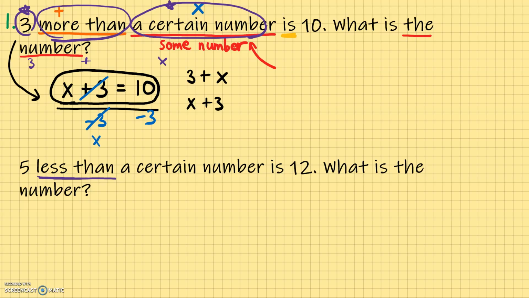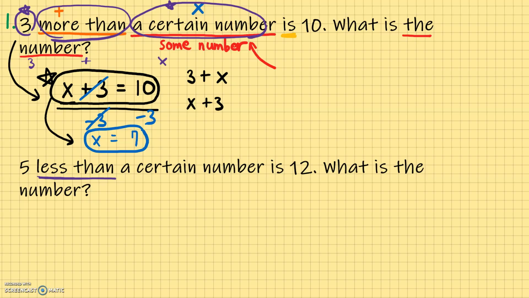So x is going to equal 10 minus 3, which is 7. So this would be our answer for this word problem. x equals 7. Once you can write the algebraic equation like this, it's not that hard to solve. You can just simply solve for x. But deriving this algebraic equation is the biggest challenge with word problems.